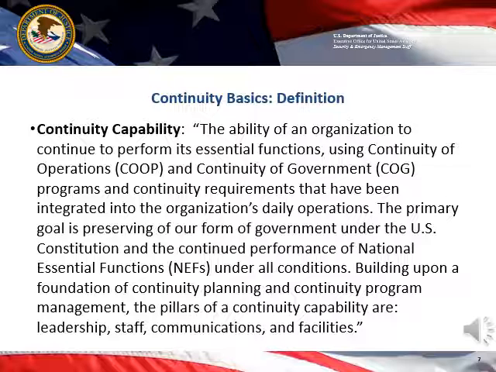Building upon a foundation of continuity planning and continuity program management, the pillars of a continuity capability are leadership, staff, communications, and facilities. This definition provides a framework for how and why these programs are essential for all federal government agencies to have.